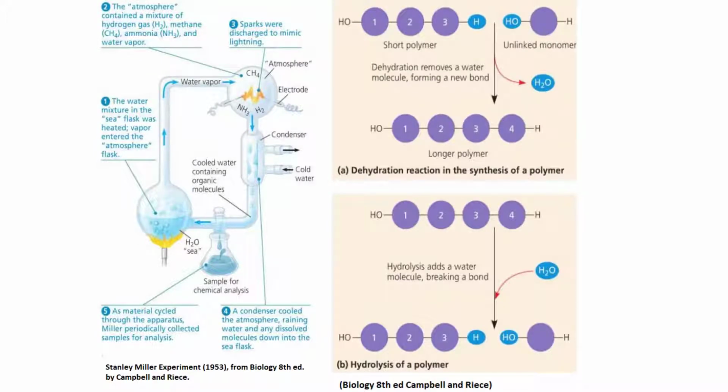So what is putting things together and breaking them apart? That's basically dehydration and hydrolysis, typically in organic molecules. We can also call them anabolic and catabolic mechanisms or pathways. Anabolic means that you build up.